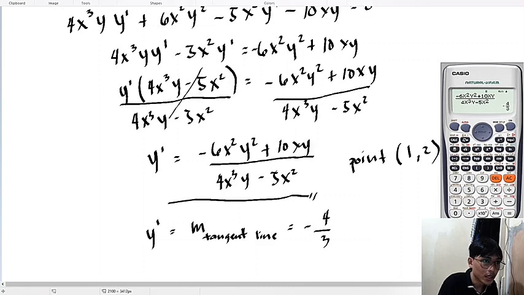So that will be our slope of the tangent line.